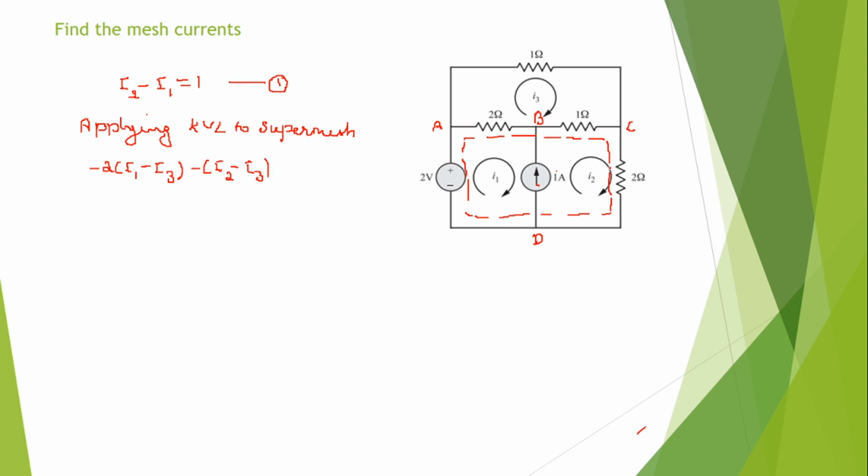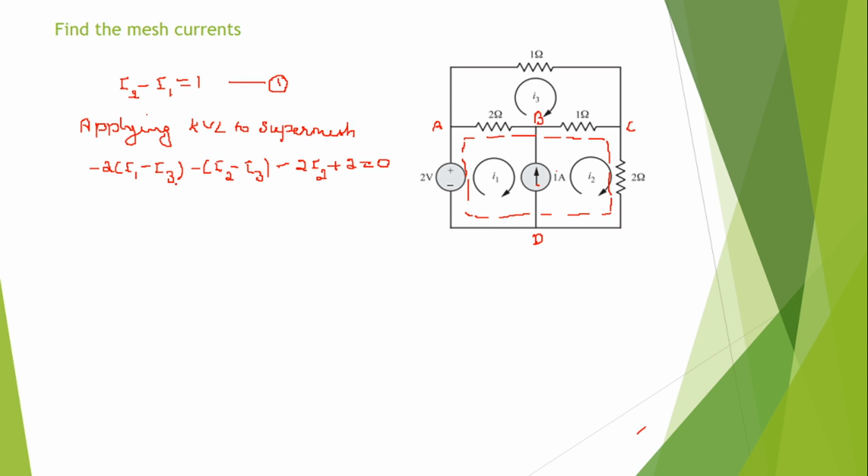What is the current flowing through this 2 ohms? Only I2. So it is minus 2I2, because the current direction and the path direction are the same. Then what about the source voltage connected between D to A? In the path D to A, it is rising, so plus 2 equal to 0. So what is the next step?